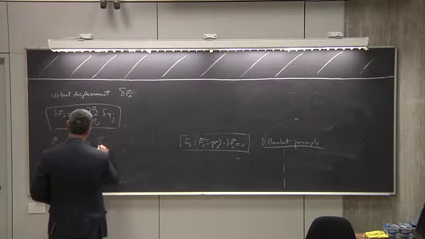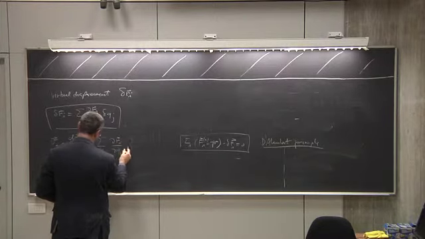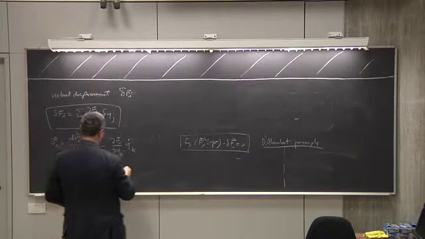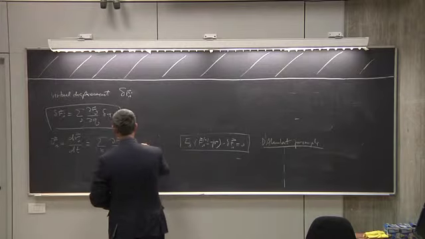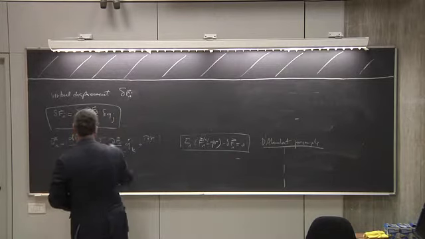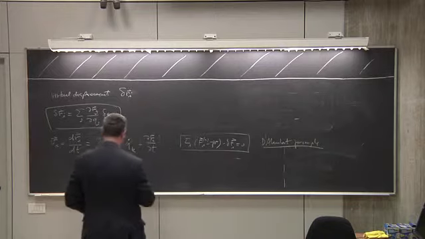So this is the sum over k of the partial derivative of r_i with respect to qk dot, because I'm taking the derivative, right? Plus, if this transformation explicitly depends on time, I also have a partial derivative with respect to time.